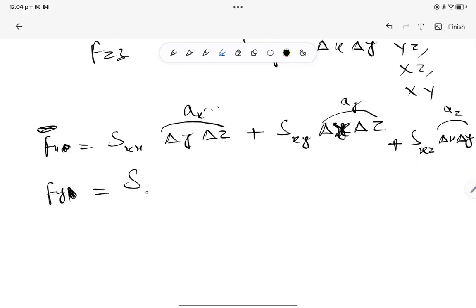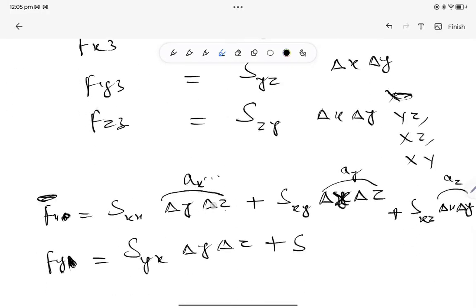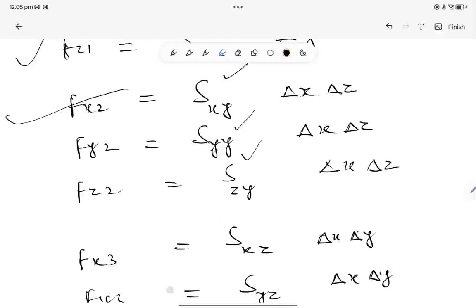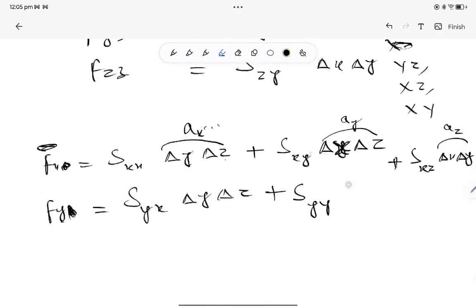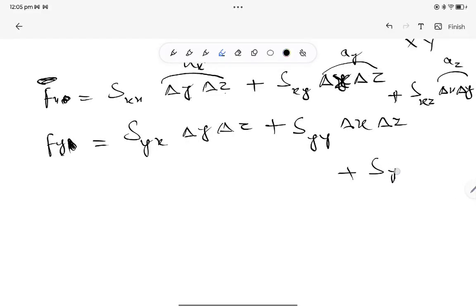You can write the second term yourself: it will be Syy, delta x, delta z. Plus lastly Fy3, Syz, delta x, delta y.